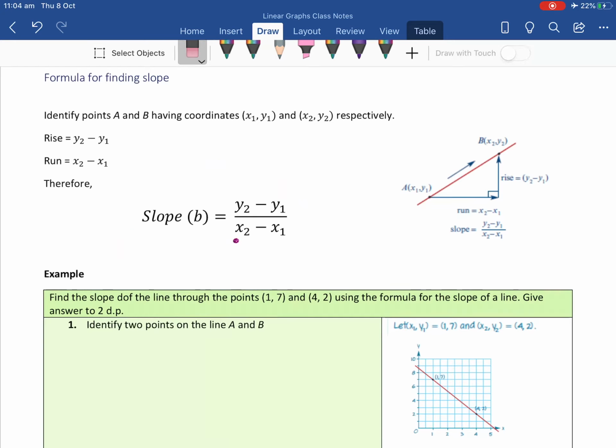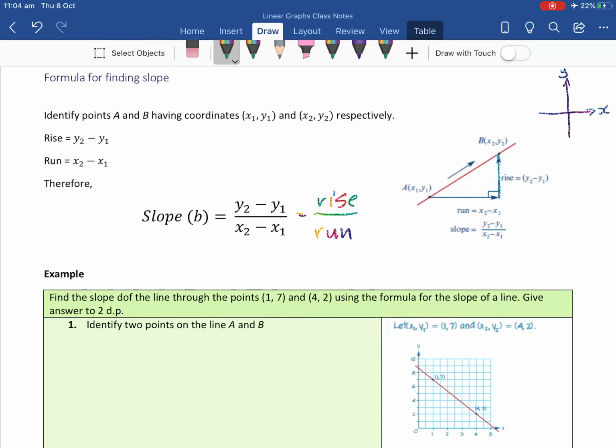Now all this means it still is rise over run, okay? But technically, when we're finding the rise, so we're finding the vertical, we're finding it from here to here, because we're looking at the y values because it's going up or down. If you think of a set of axes, x is horizontal and y is vertical.